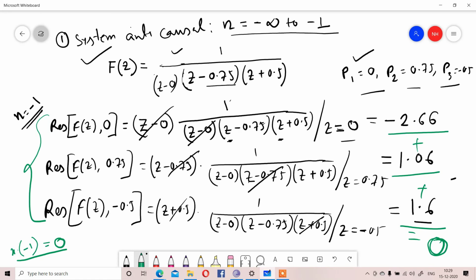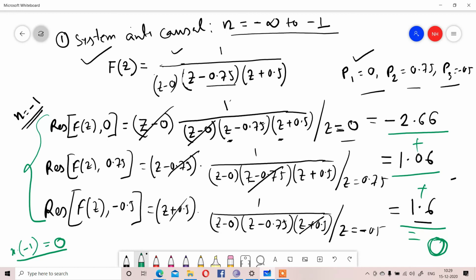That means what? That means for the negative values of n, you will always get 0. First value you are getting 0 means all the values you will get 0, because it's a continuous part. But 0, 1, 2, 3, 4, 5, all the values you will get.